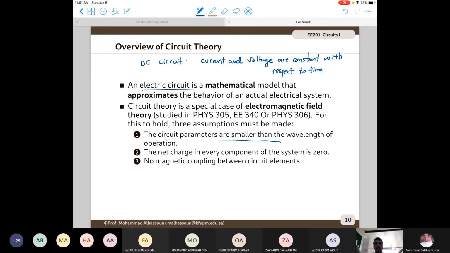If we have a DC circuit, it means that the signal will not repeat, because it's going to be constant over all time. So the period will be infinity, the frequency will be 0, and the wavelength will be infinity. Again, the wavelength is proportional to 1 over the frequency.